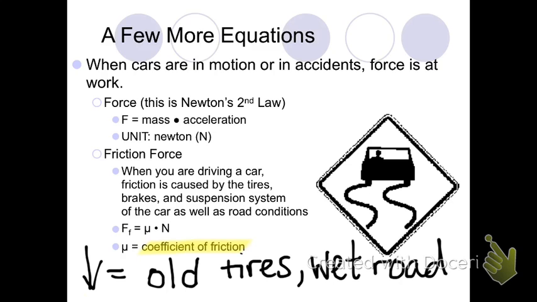Snow, ice, rain. So a low coefficient of friction is old tires and a wet road with some sort of, like I said, some sort of precipitation.